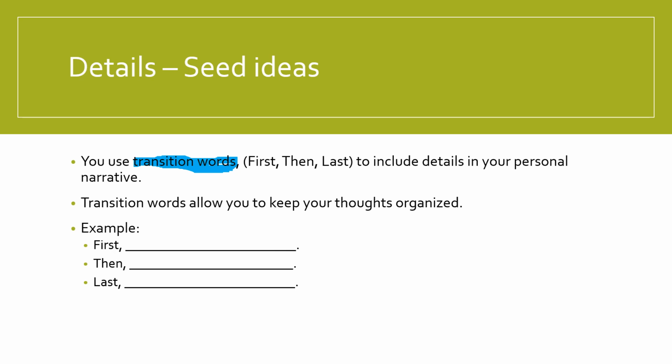So these transition words allow you to keep your thoughts organized. So here's an example. You can say first, this happened, then that happened, and last, the end happened. So these are the 3 ways to keep your ideas and details in order of how they happen in your big moment.